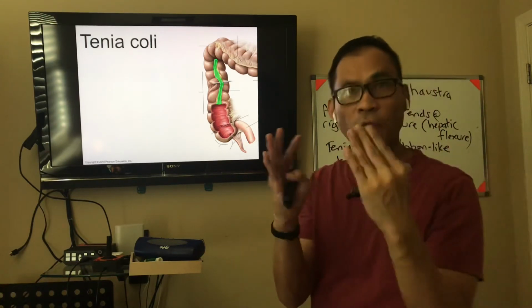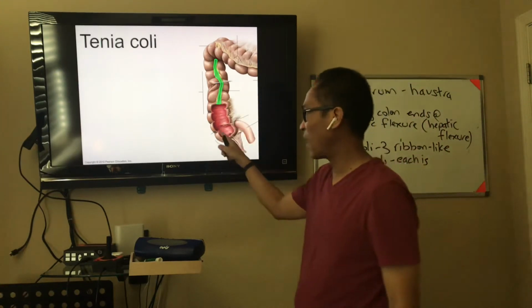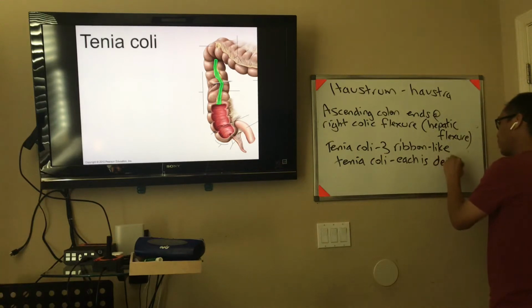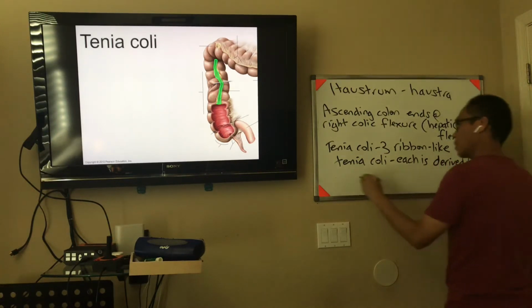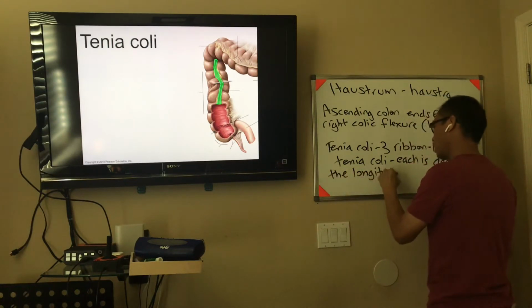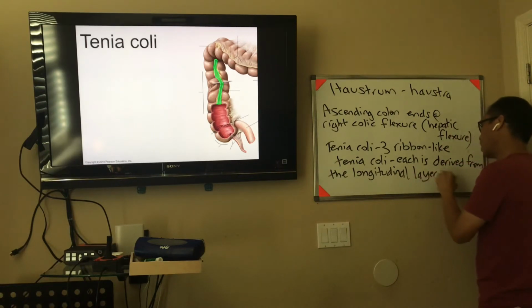It's reduced to three ribbons. When those three ribbons contract, it creates this pocketed appearance, which is derived from the longitudinal layer of muscularis externa.